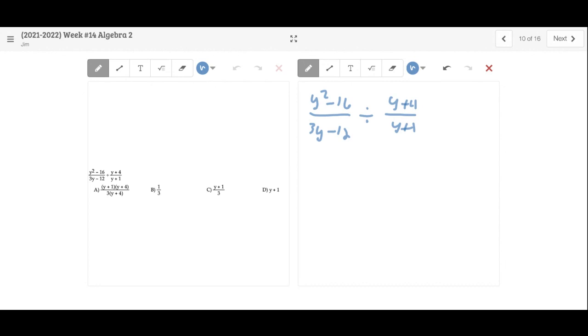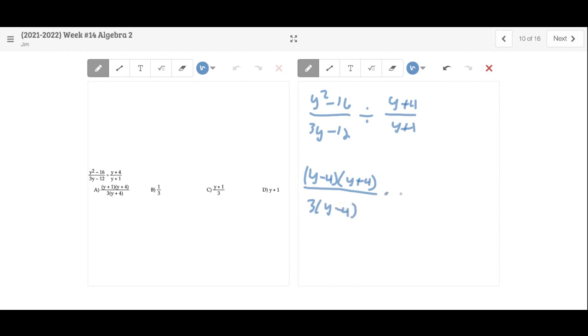Once we rewrite it as a multiplication problem, then I'm going to simplify everything that I can. So I've got y plus 4, y minus 4, over, on the bottom, I'm just going to factor out a 3, so that's 3 times y minus 4.